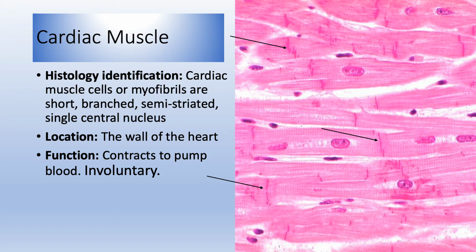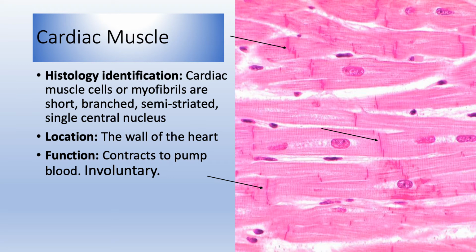A principal characteristic of cardiomyocytes is that they attach to one another with specialized cell junctions called intercalated discs. Intercalated discs are formed by both anchoring junctions and gap junctions, as shown with the black arrow on this picture.